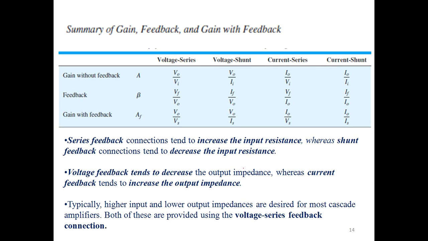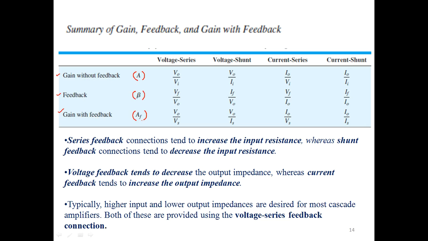So just to summarize the gain, feedback and gain with feedback, let's try to focus on these three terms. Gain without feedback is expressed by the term capital A. The feedback is beta, and gain with feedback is capital A with subscript small f.